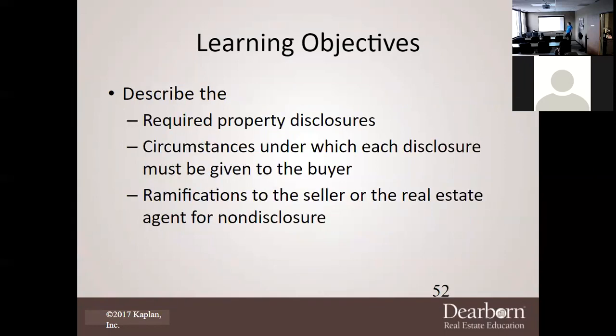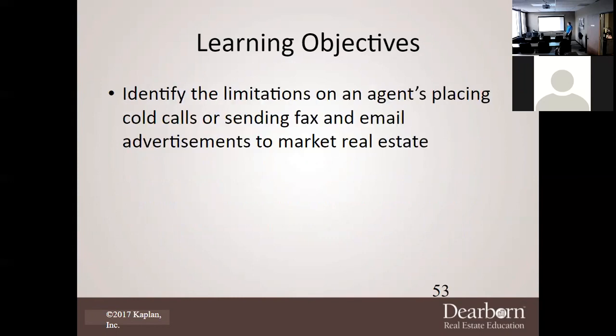We'll also describe the required property disclosures, the circumstances in which each disclosure must be given to the buyer, and any ramifications to the seller or the real estate agent for non-disclosure. We'll also identify the limitations on an agent's placing of cold calls and sending fax and email advertisements to market real estate.